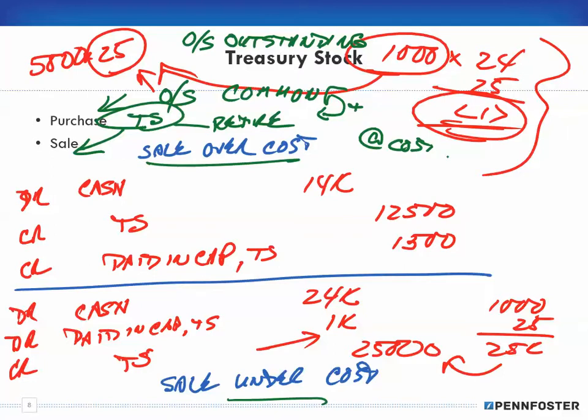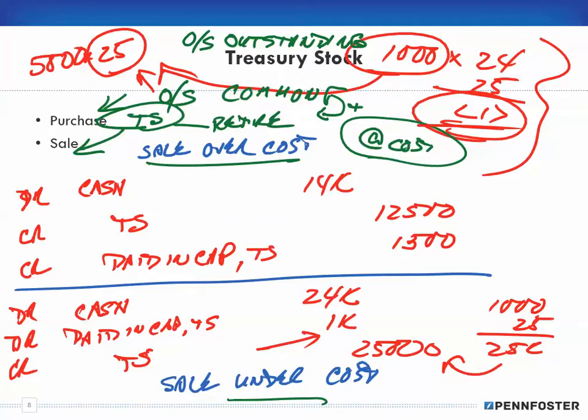To be honest, you're more likely to sell it over or under, because the marketplace changes. It's rare that you're going to sell it back at cost. Why buy it at $25 right now and 2 minutes from now sell it back at $25? No, you're going to buy the stock back today, and by tomorrow the price has changed, and with that change of price, you're going to sell it either over or under.